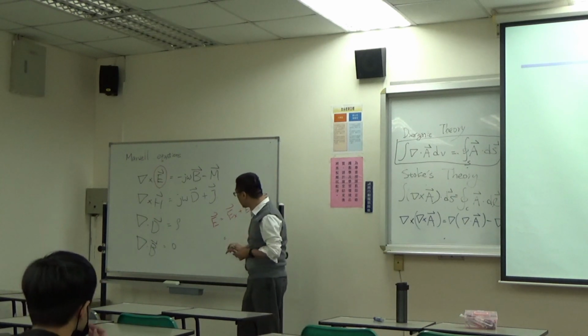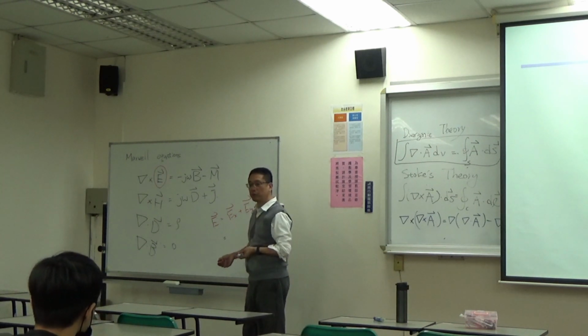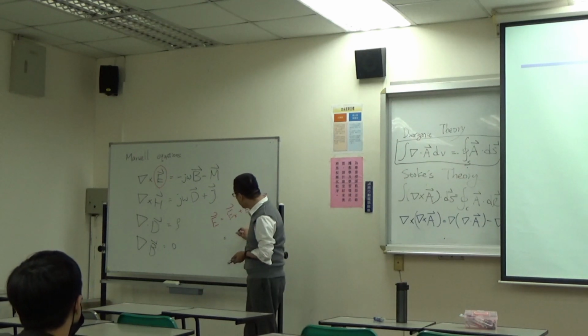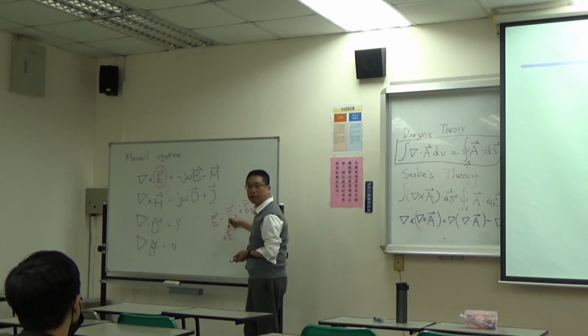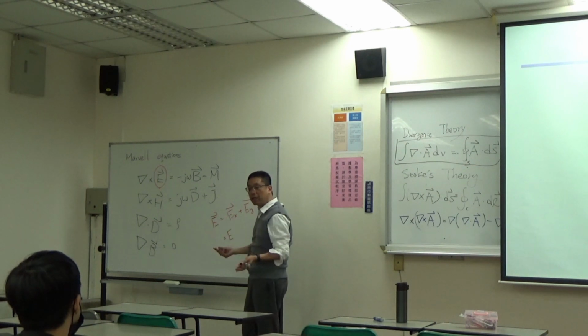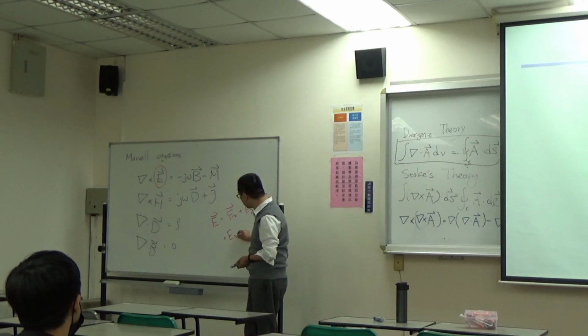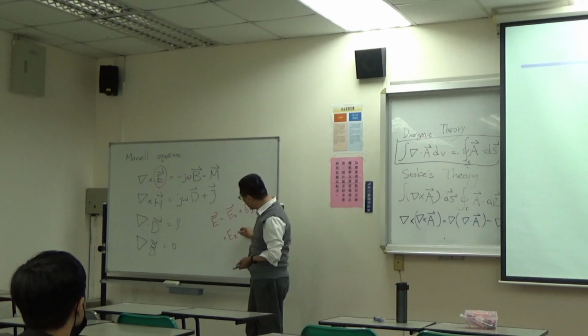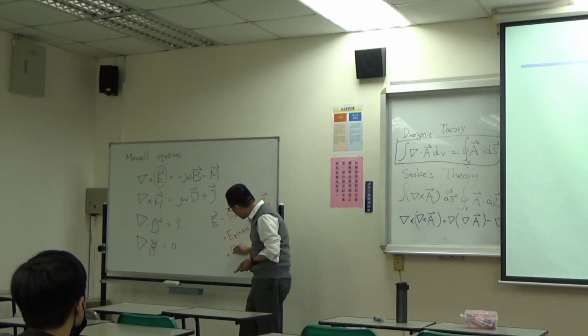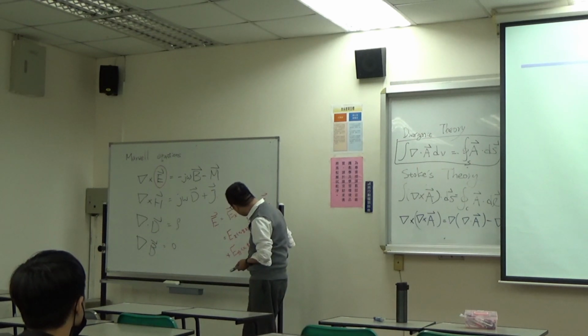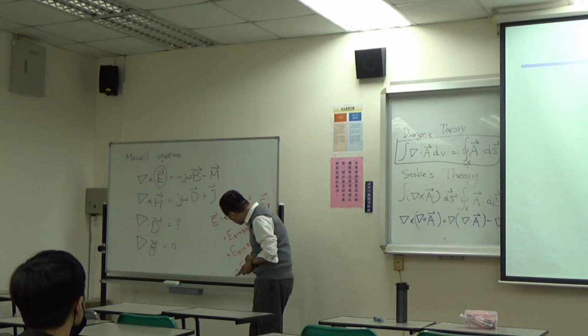You can also write it in a more general form. Maybe this is a vector, and I define another scalar function, E_x as a function of x, y, z, dot the direction x, plus E_y(x, y, z), plus E_z(x, y, z).